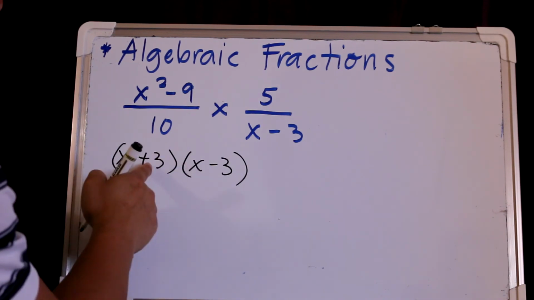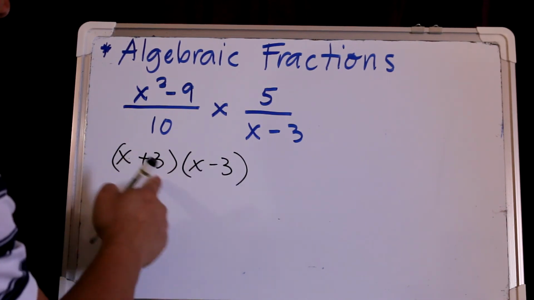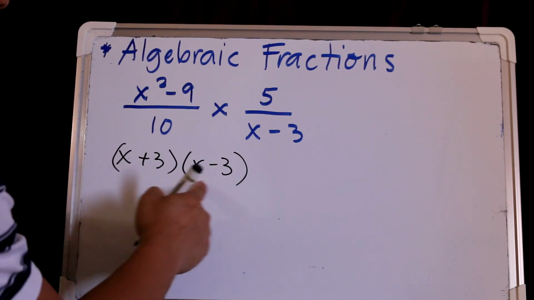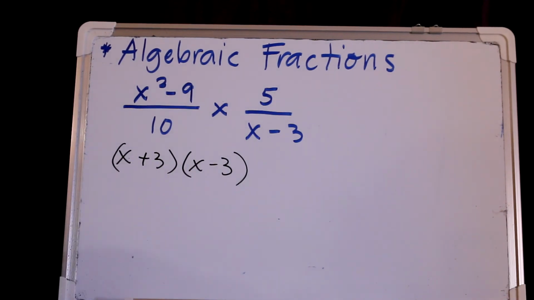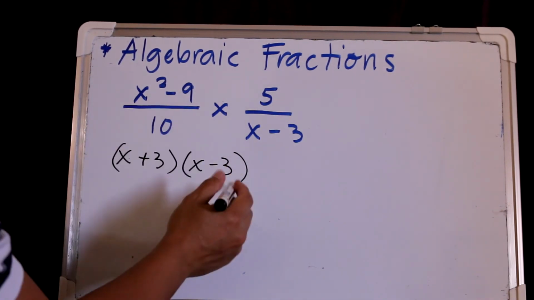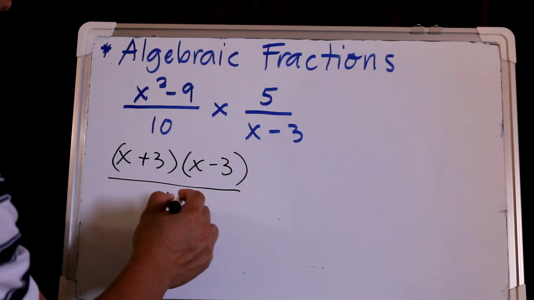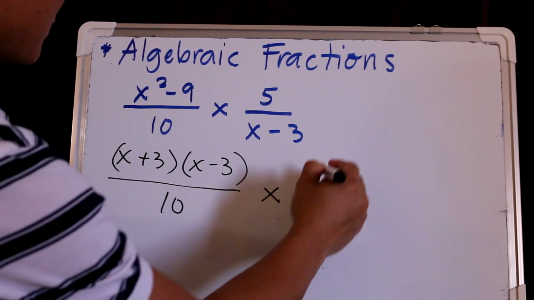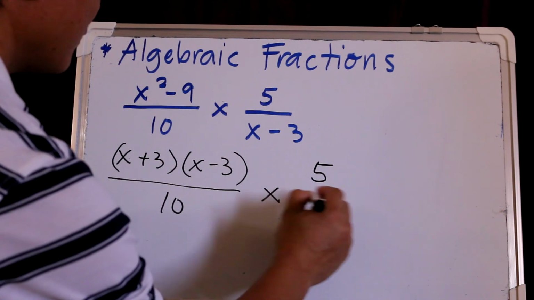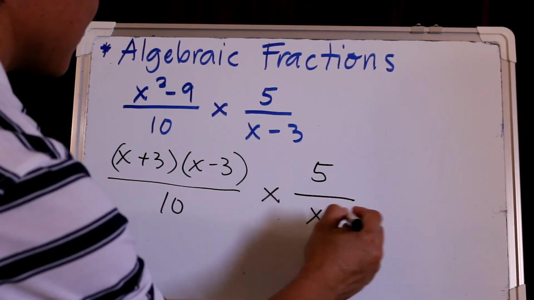When we multiply positive 3 and minus 3, that becomes minus 9. So this is over 10 here, then multiplied by 5 divided by x minus 3.